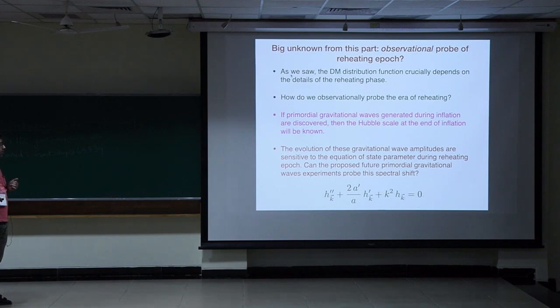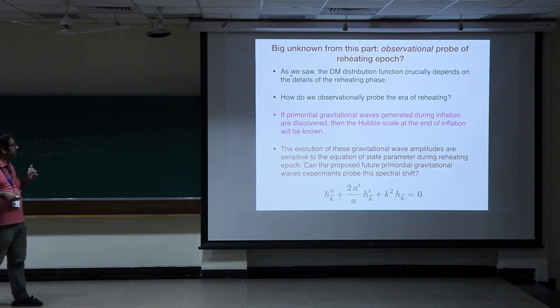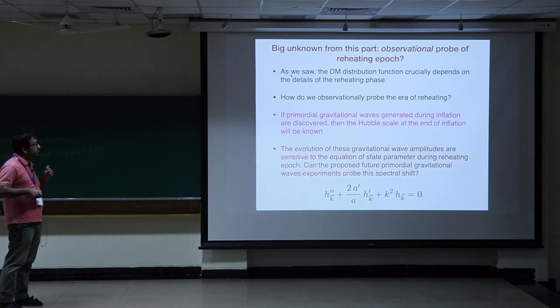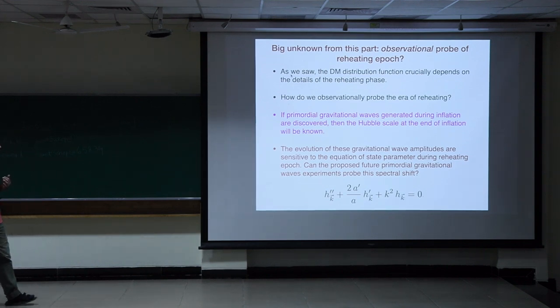If you look at the evolution equation for the gravitational wave amplitude, these are the Fourier mode evolutions, they depend on the scale factor and the derivative of the scale factor, and those will be sensitive to the equation of state parameter during reheating. So maybe studying the spectral shift of primordial gravitational waves can give us some information about the reheating era. So that is something that we might discuss.